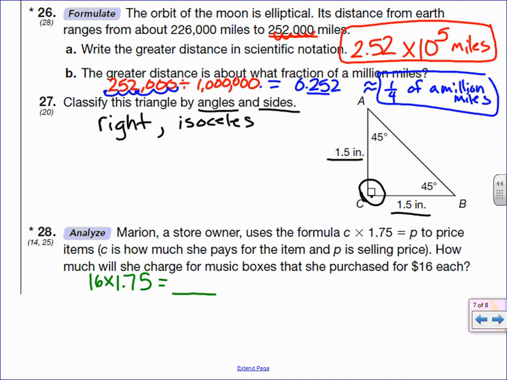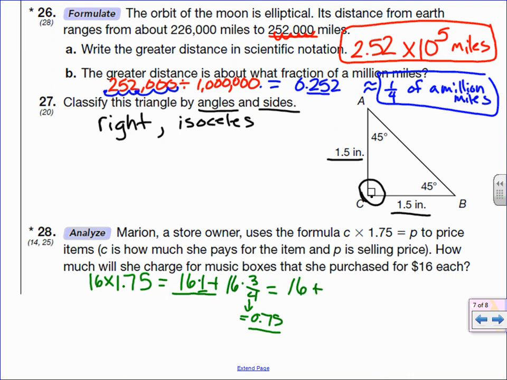Or we could say 1 times 16 plus 16 times 3/4. Because 3/4 equals 0.75. So this is 1.75. 16 times 1 is 16.